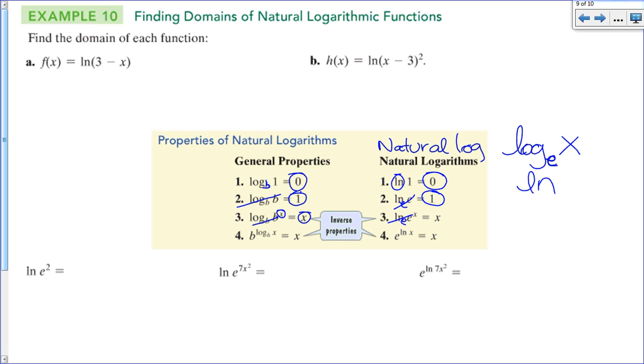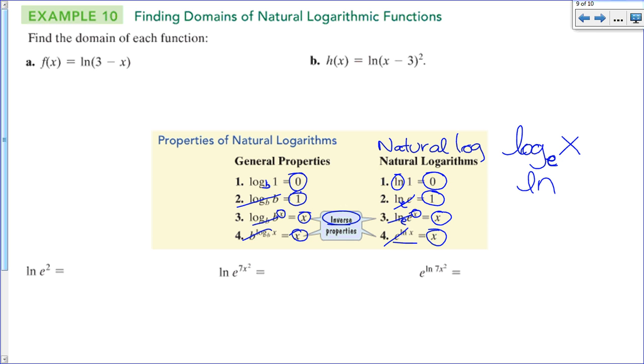Remember that the base is e, so if those two quantities match, then you could select the exponent as your answer. Because one will cancel the other, that's why we're using the word inverse. Here we have b raised to the power log of x base b, and so the answer is x. That also applies for ln. So e raised to the power ln of x will be x.